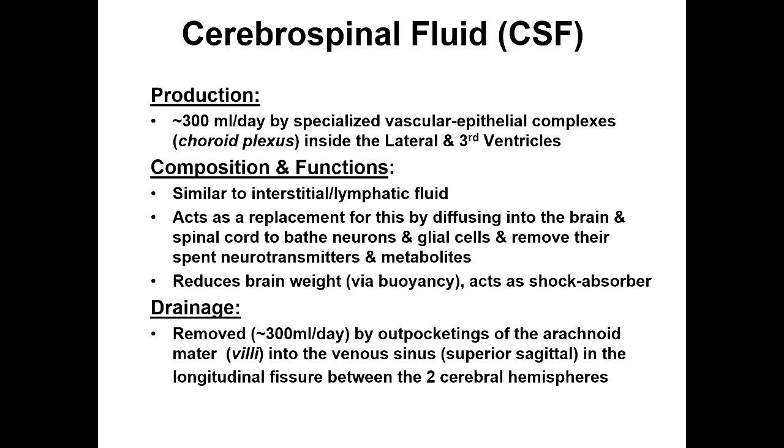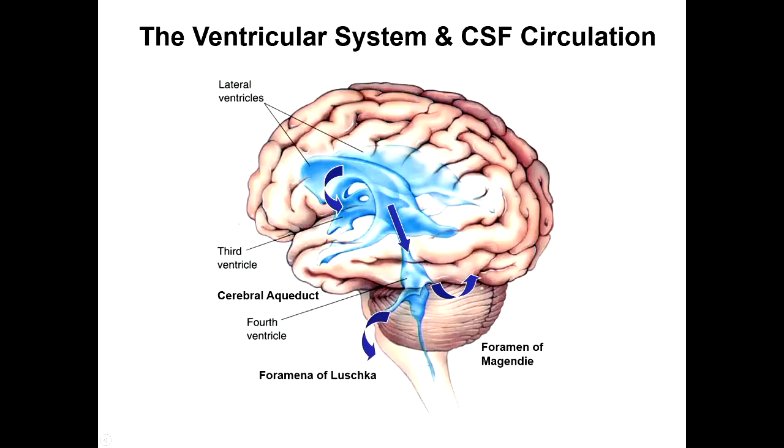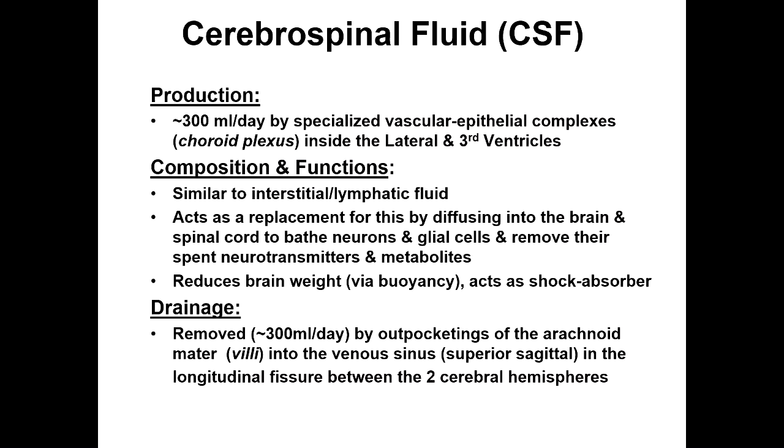So it's produced, and that's its composition and functions, as we saw in that previous slide that I showed you. It circulates from its major site of production by the choroid plexus, found within the lateral ventricles, through holes into the third ventricle, down a single hole, the cerebral aqueduct, into the fourth ventricle, before escaping through those foramina.